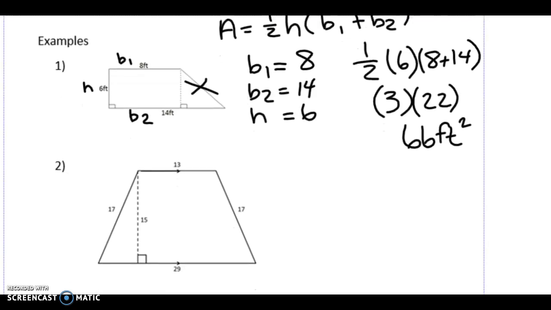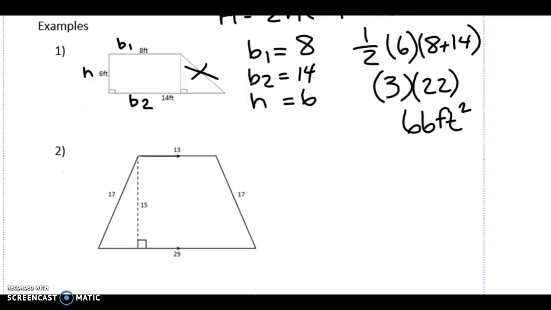Okay? Looking at our next trapezoid, it looks slightly different. This is more of the common trapezoid that you see. You can't call it regular because it's not equal-sided and equal-angled, but it is a more common trapezoid than the one that I had on example 1. Okay, identifying B1, B2, and the height.